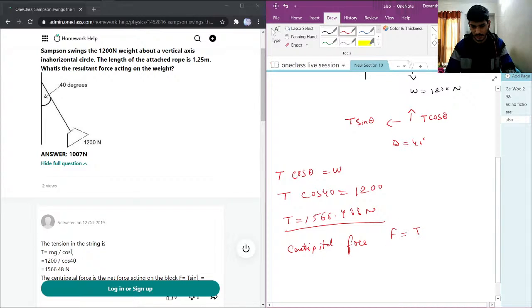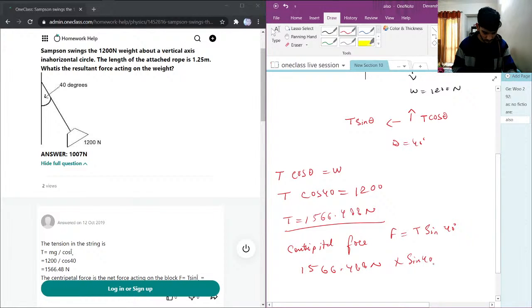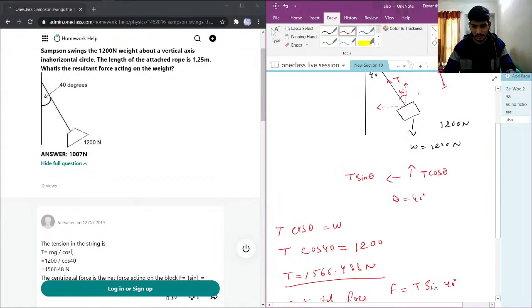So T is 166.48 Newton times sine theta, which is 0.06. This is the centripetal force, and this is again T sine theta.